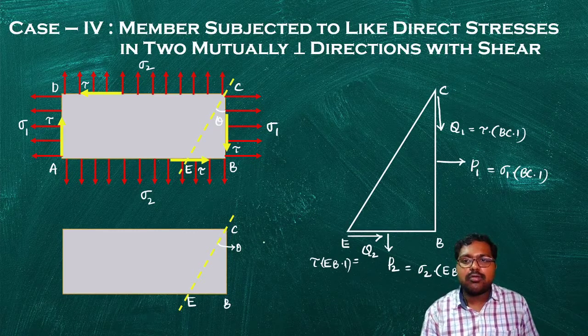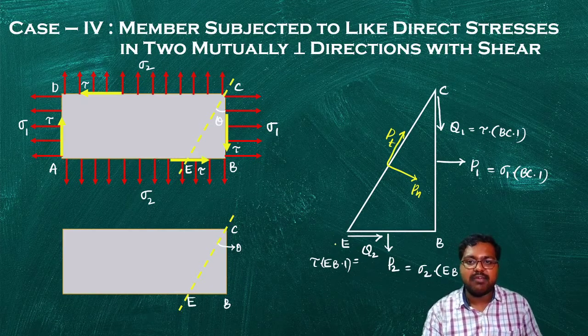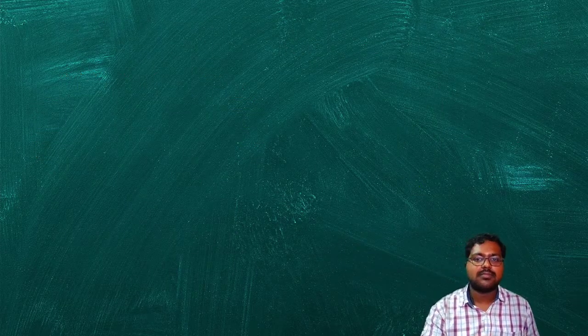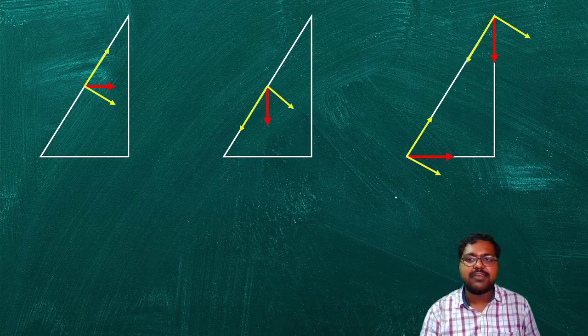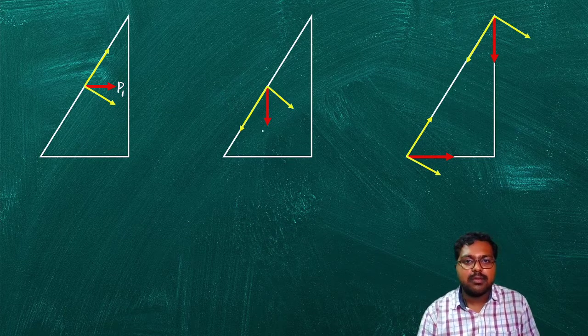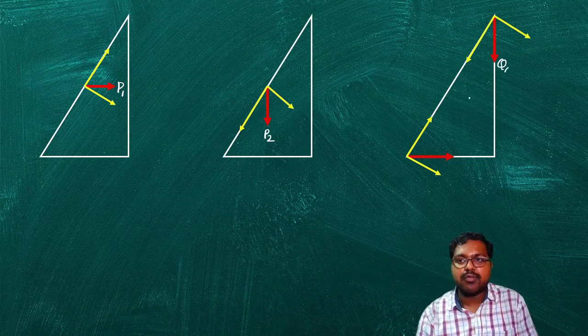Now we need to resolve all these forces on this plane EC as normal force Pn and tangential force Pt to this section EC. Let us see one by one. Here I considered three figures having forces P1, P2 and shear forces Q1 and Q2.